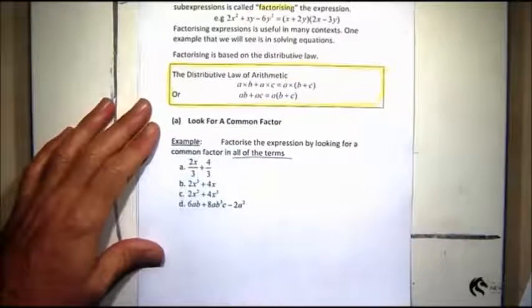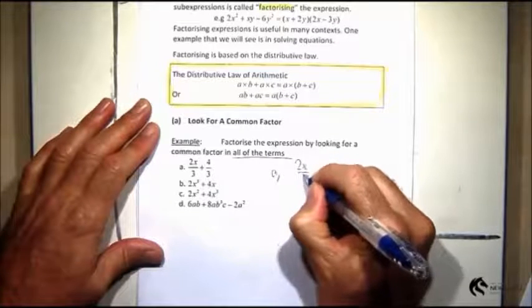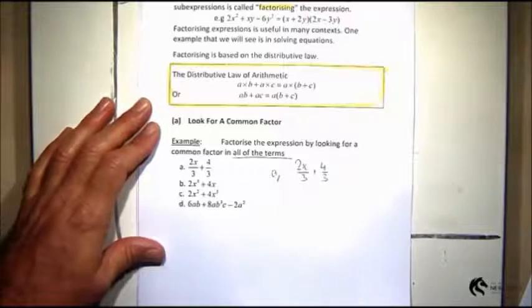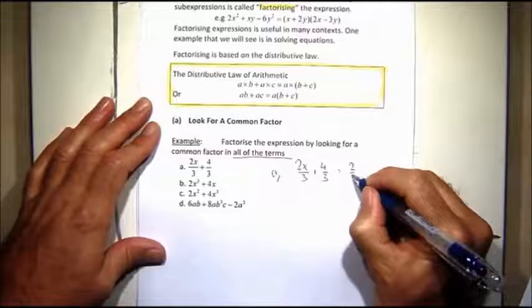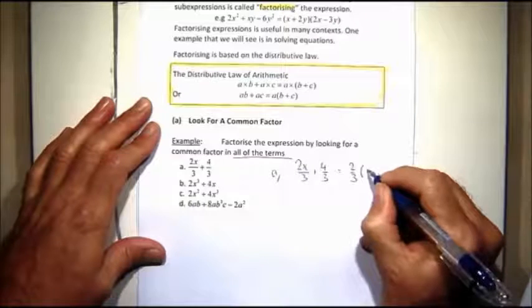So here in part A, it says 2x on 3 plus 4 on 3. Is there something that's common to both of those? It may or may not be obvious, but it looks like 2/3 is common. If I put 2/3 out the front, what have I got to multiply 2/3 by to get 2x on 3?